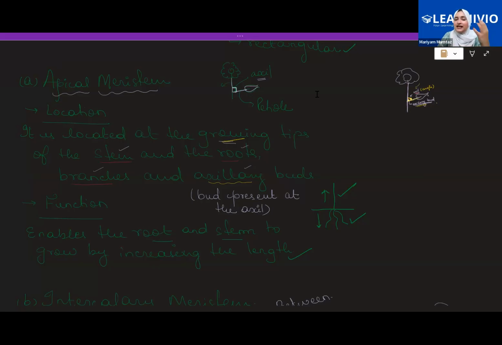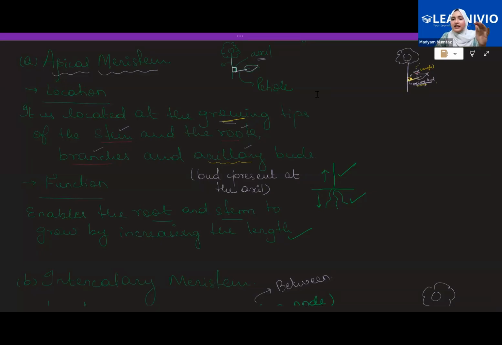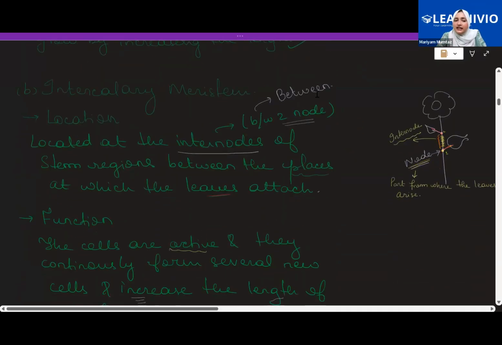Now what happens is that the apical meristem is constantly dividing and dividing, and it is very, very important as far as the growth of the plant is concerned in terms of length. So when the plant has to become longer, the apical meristem works. Then comes the intercalary meristem. Now, where is this meristem present?